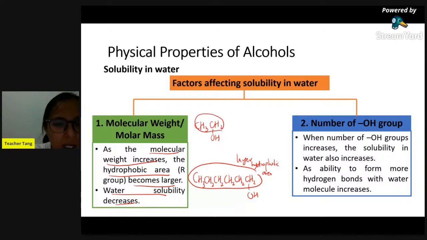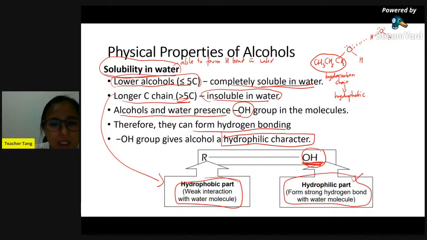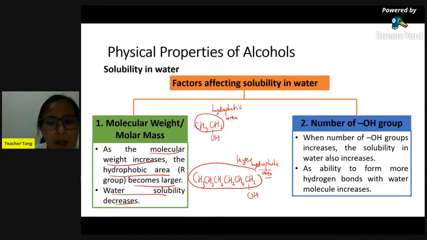This hydrophobic area is larger in 1-hexanol compared to ethanol. As this hydrophobic area becomes larger, the solubility in water for that alcohol becomes less. It becomes less soluble in water. Remember, this hydrophobic area has weak interactions with water molecules. Therefore, the larger hydrophobic area in 1-hexanol causes 1-hexanol to have lower solubility in water compared to ethanol.